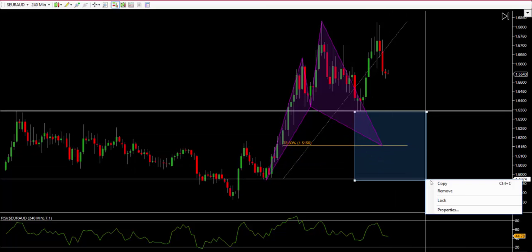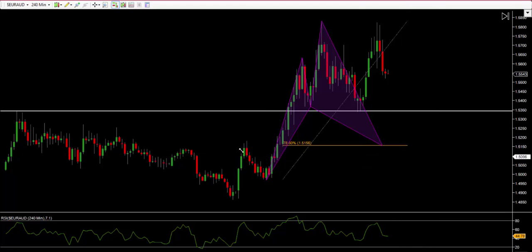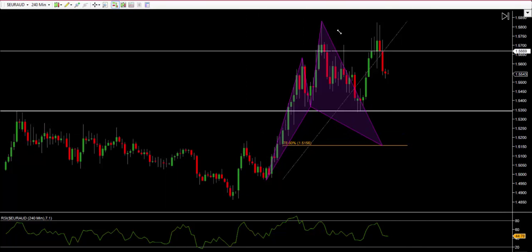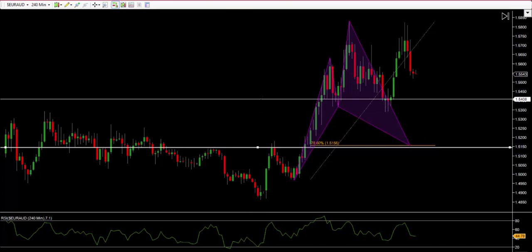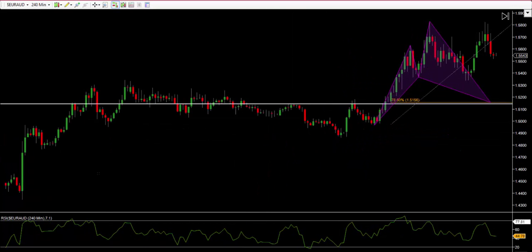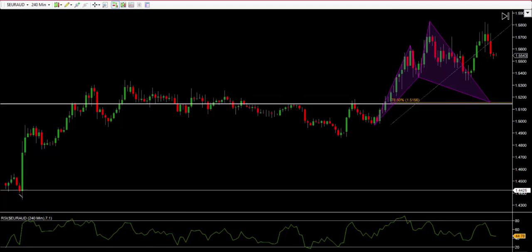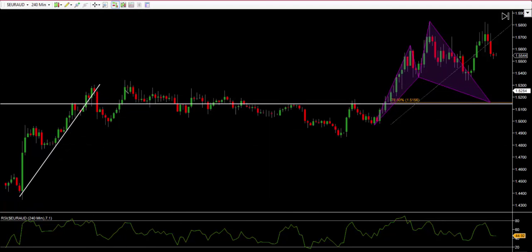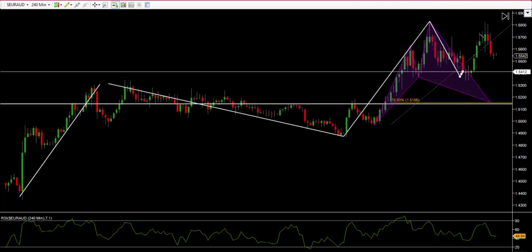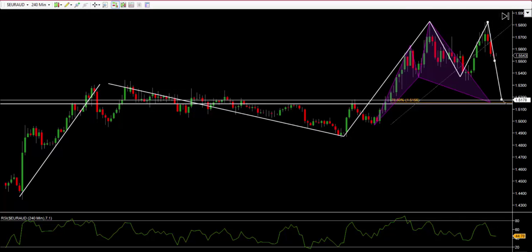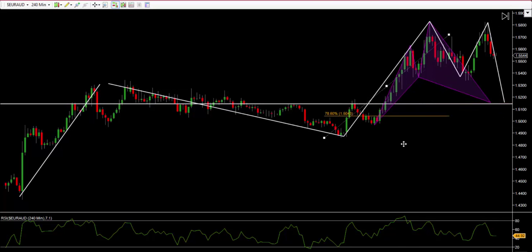But what I'm looking at a little bit closer are these levels here. So we've got this completion here at structure, price moves up, comes down, moves up. It's in a little test here, didn't make it. I'm looking for the market to come back down.